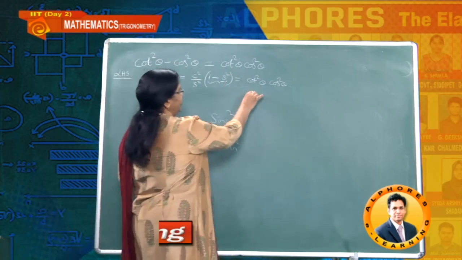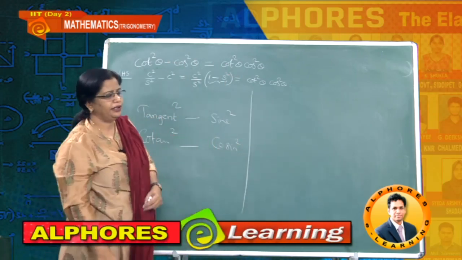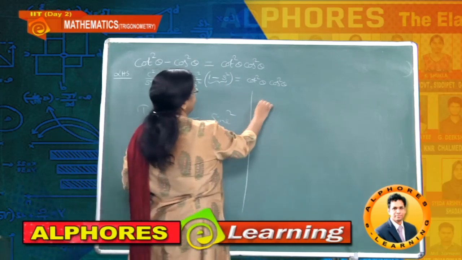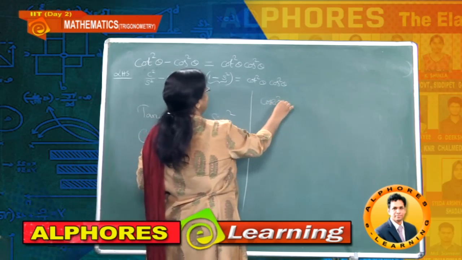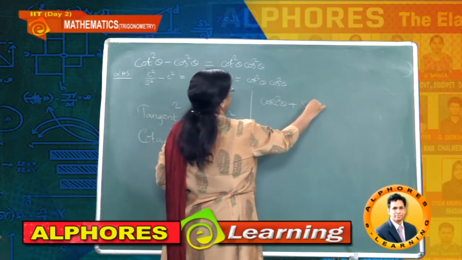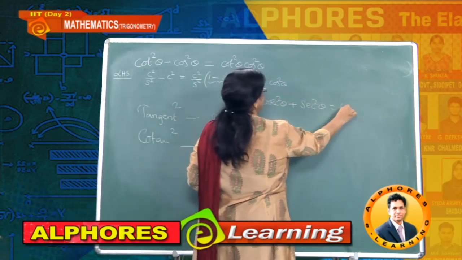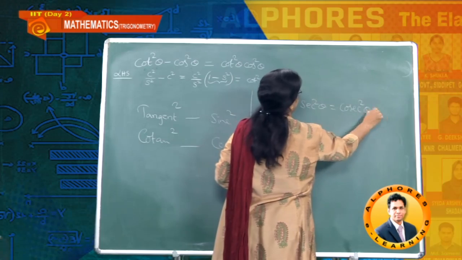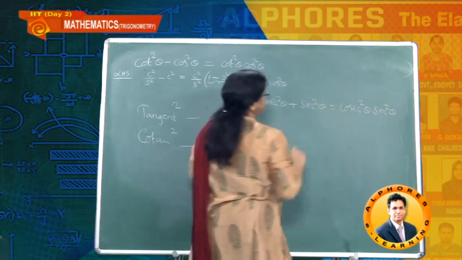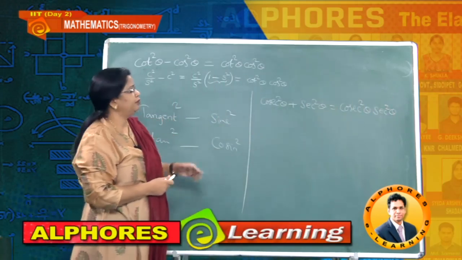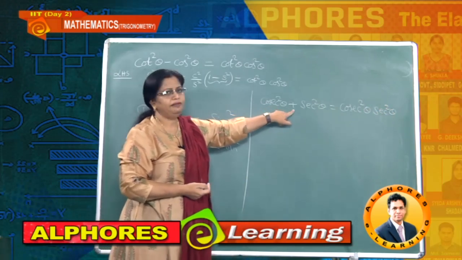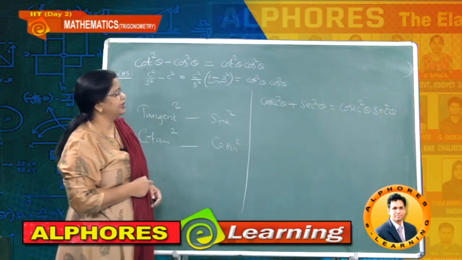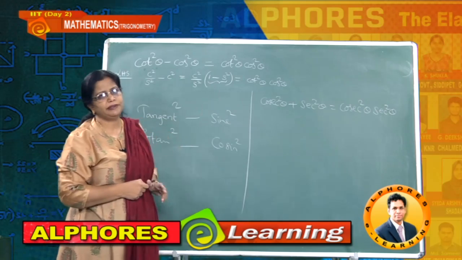In the same way there is another identity also: cosecant square theta plus secant square theta equals the product, that is cosecant square theta into secant square theta. Observe that in the two previous formulae we have a minus symbol in the middle, whereas now here you have a plus symbol.